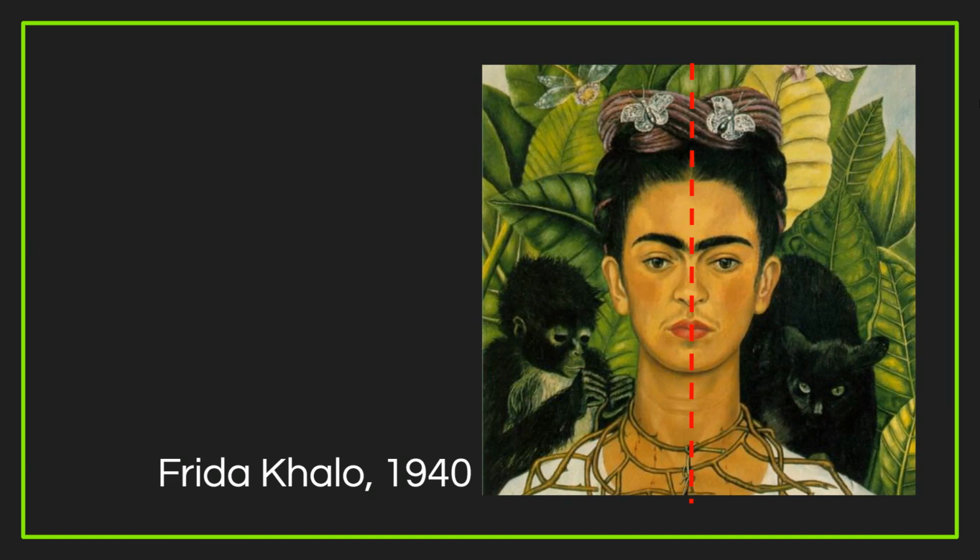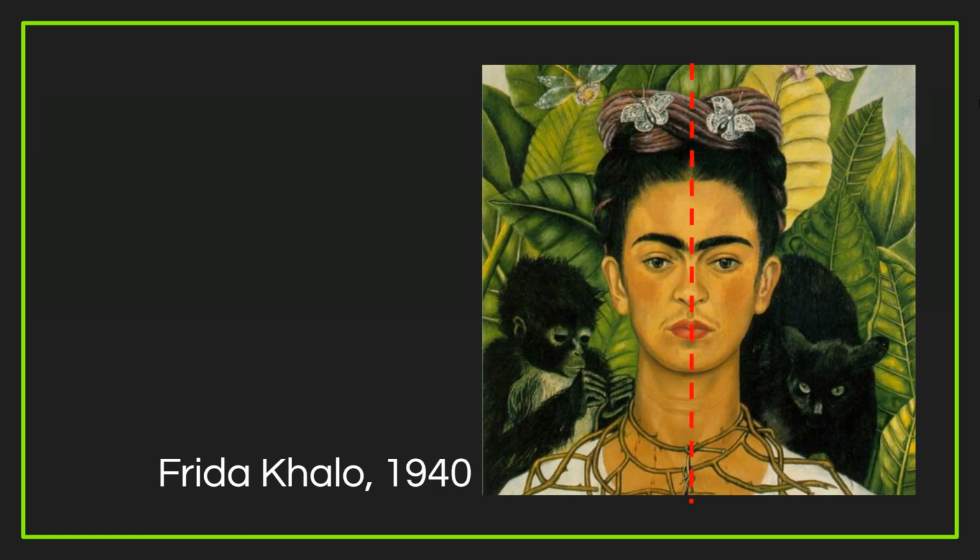Is it perfectly symmetrical? No. Is there about the same amount of thorny necklaceness on either side of her? Yes. So there are small things like that that aren't 100% perfect on either side, but the visual weight, the amount of certain colors or how big objects are on both sides, balances out really nicely.